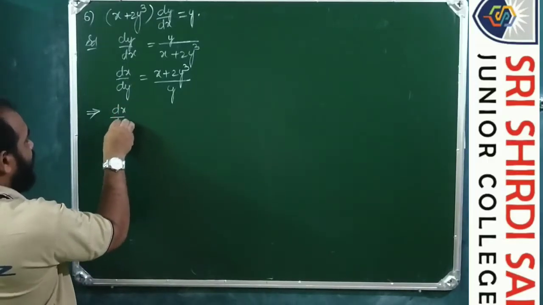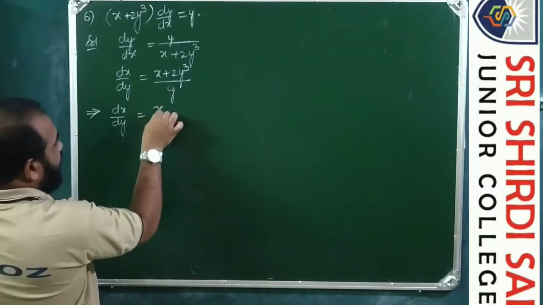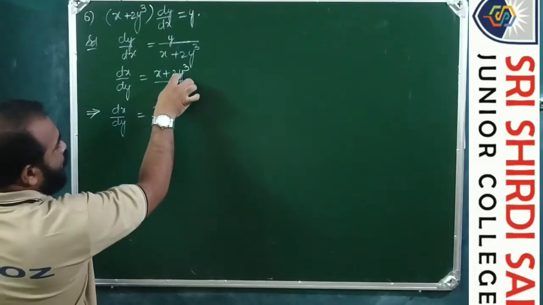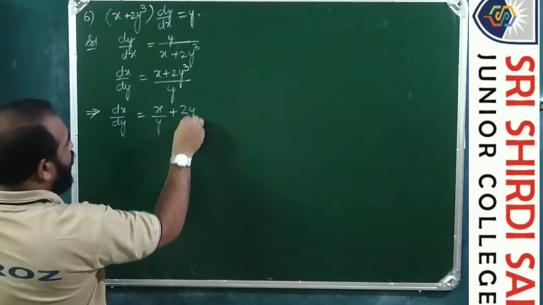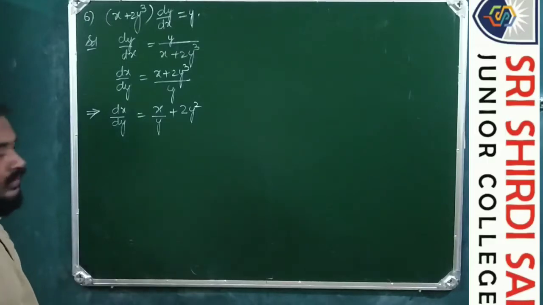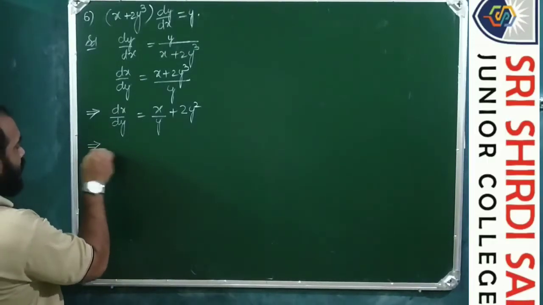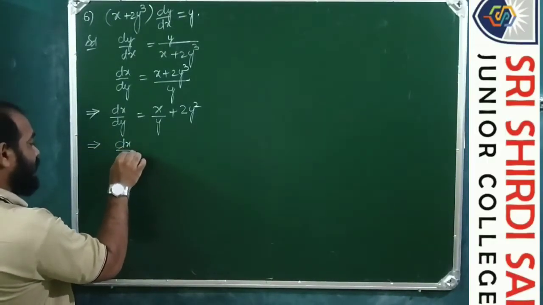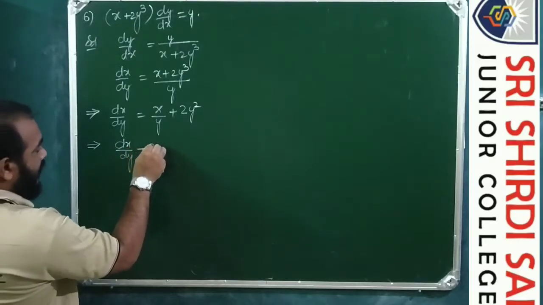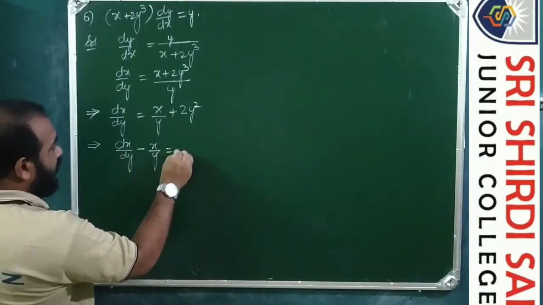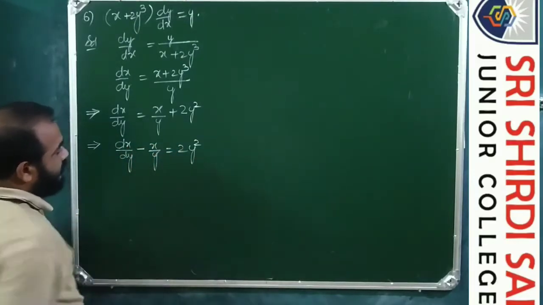This is x by y plus 2y cube by y, so 2y square. So dx by dy minus x by y equals 2y square.